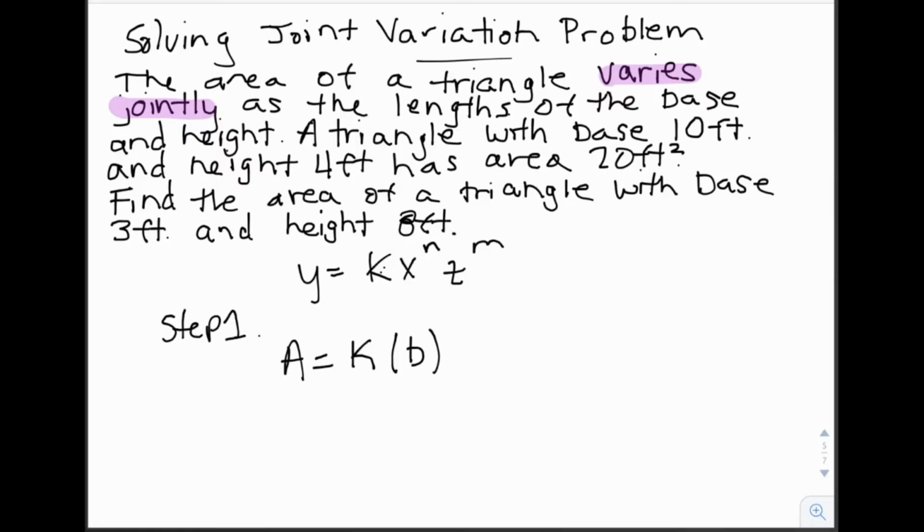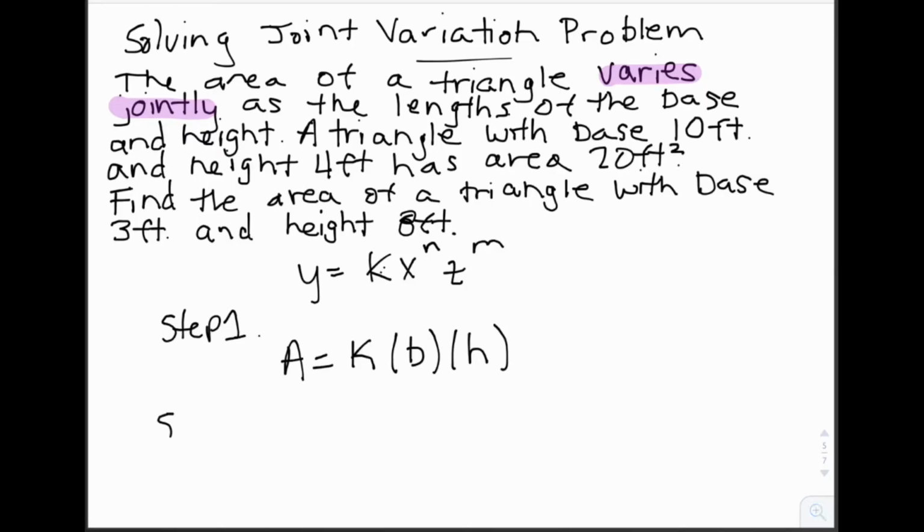So our n is going to be 1 in this case. And z raised to the m, again, we know that for the area of a triangle, it just has a power of m equal to 1. So in this case, h. And we can go ahead and try to figure out what our constant k is given our pieces of information. So a triangle with base 10 feet and a height of 4 feet has an area of 20 feet squared.